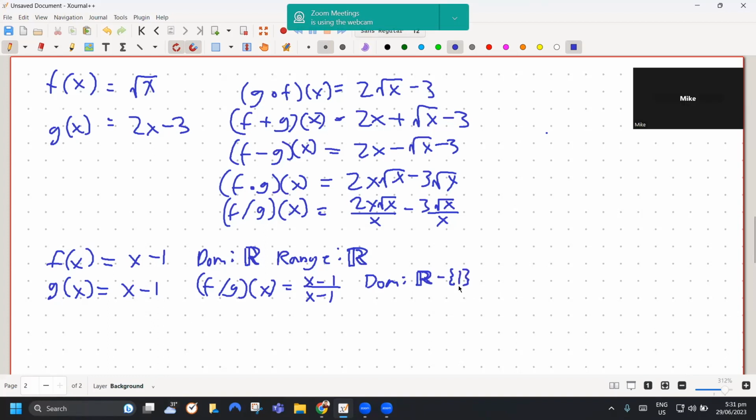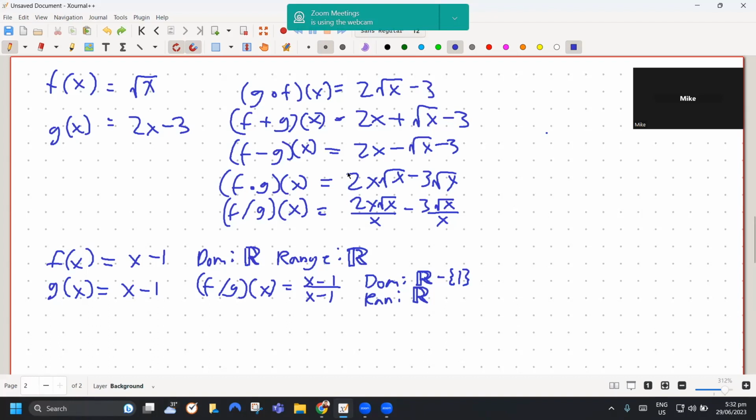Tapos, ano yung range? Di ba, ano yung definition ng range?